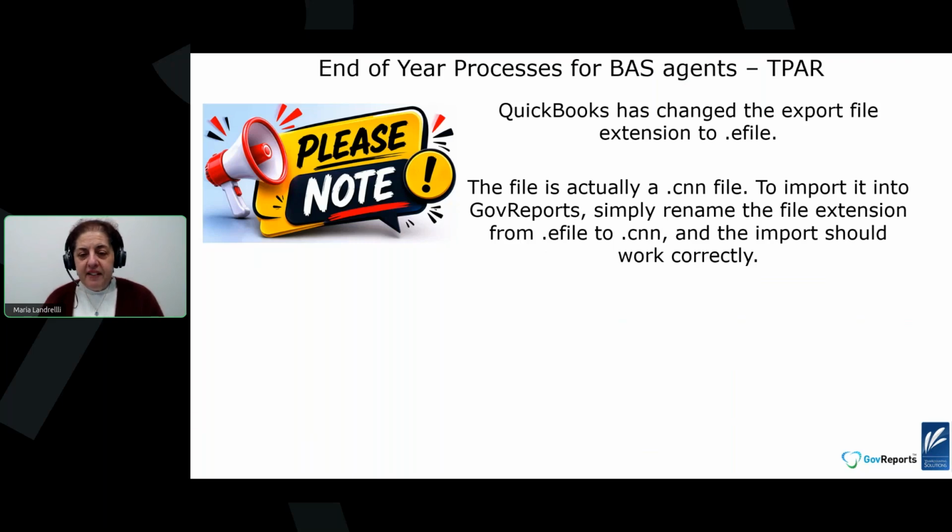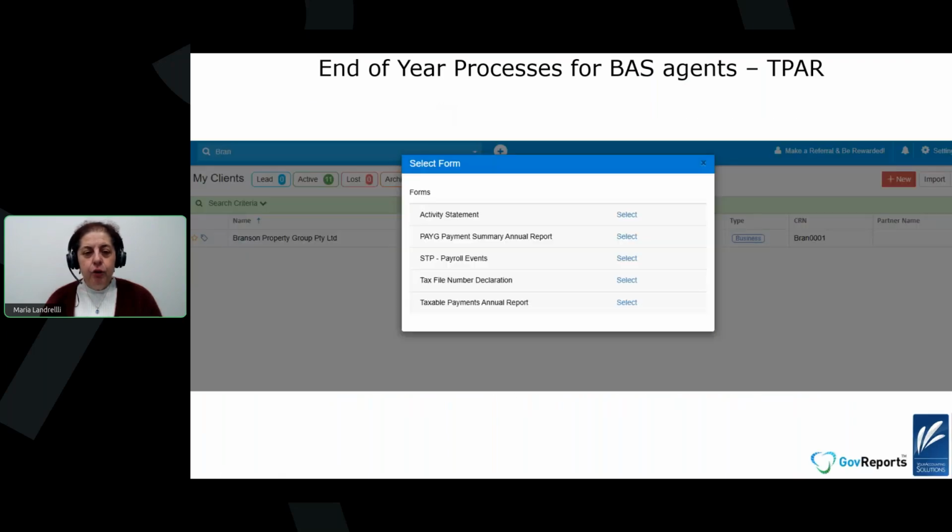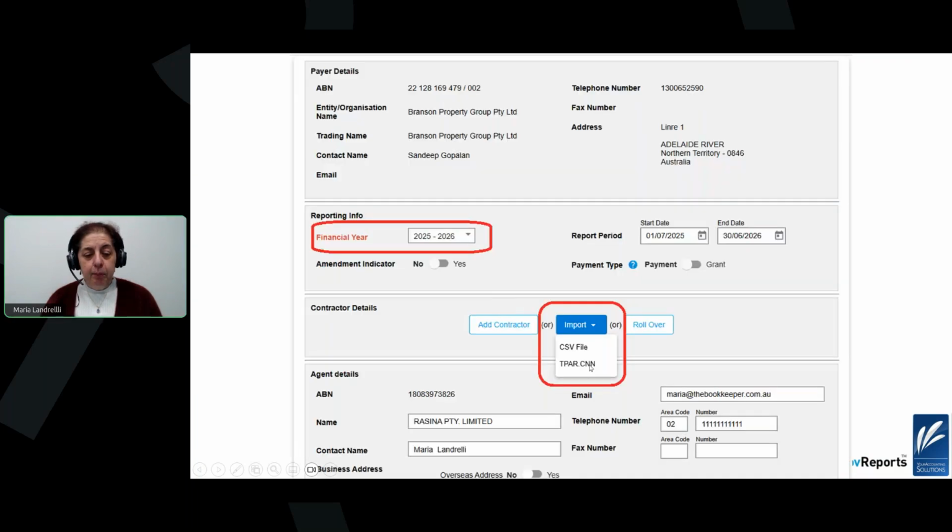So the simple fix is you've just got to rename it from e-file to CNN. So there's my example. That's what it was originally called. It's called an e-file, and then you rename it to CNN instead, which will then allow you to upload the CNN file when you go into GovReports and do your taxable payment annual reports.